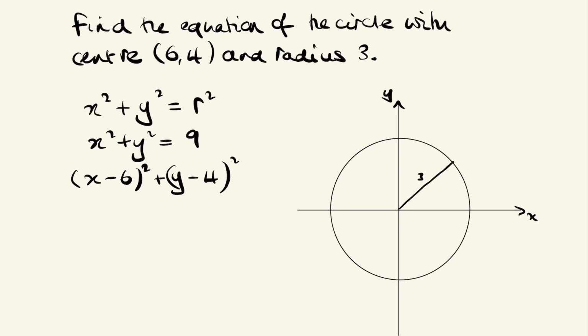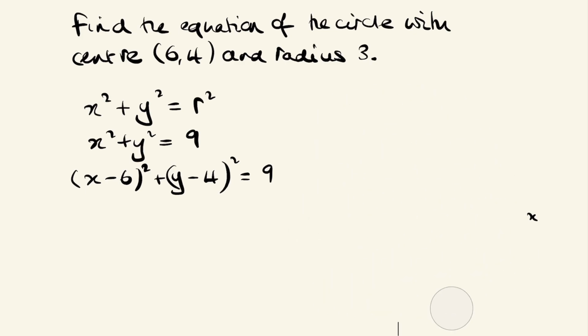So I've taken the positive 4 here, I made it a negative 4 within the bracket and squared the bracket, and that would equal 9. Now that would take our circle out to a centre of 6, 4, but with the same radius of 3.